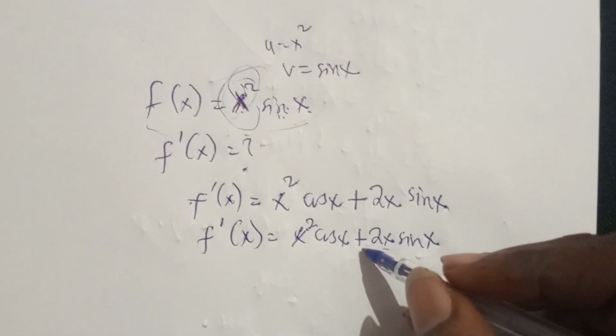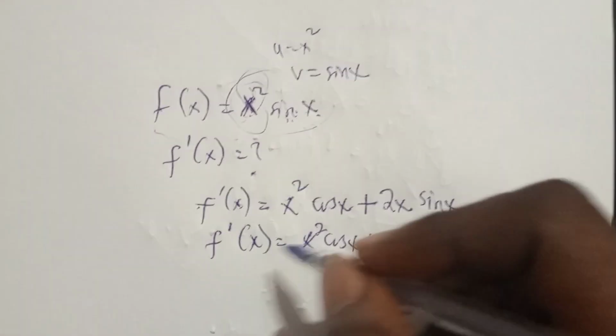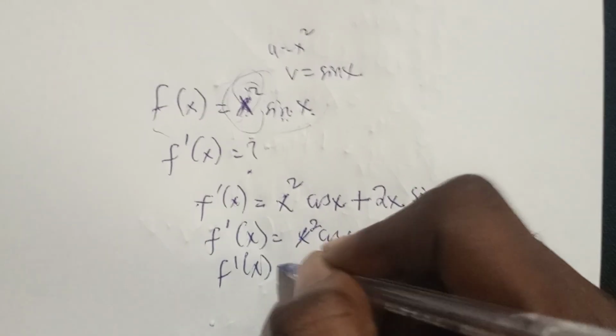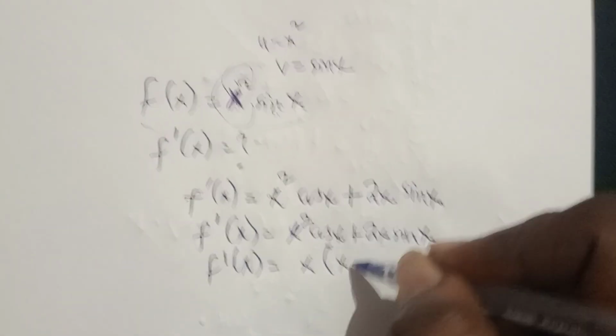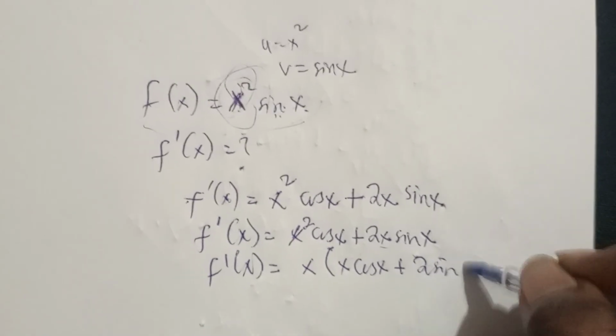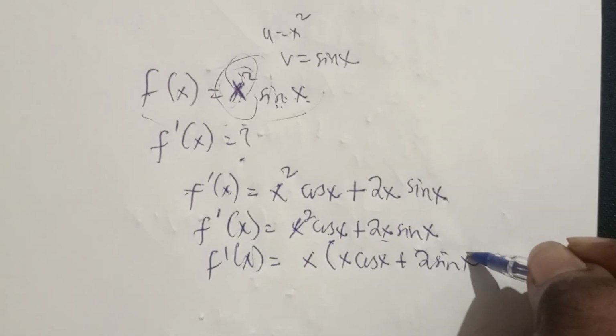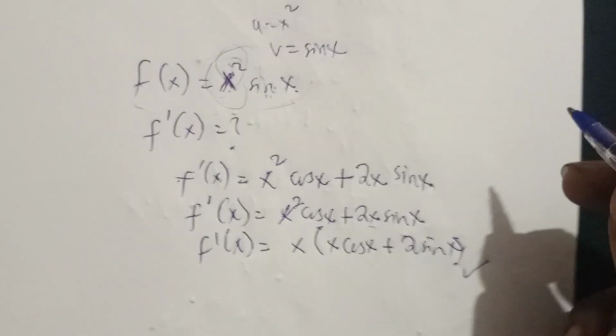Can we factor something out? Okay, so x can be factored out, leaving us with x times (x cos x plus 2 sine x). So this is the final answer.